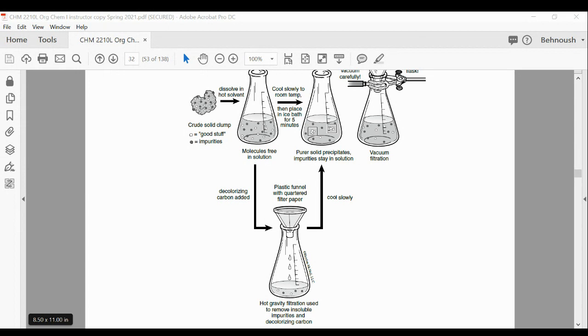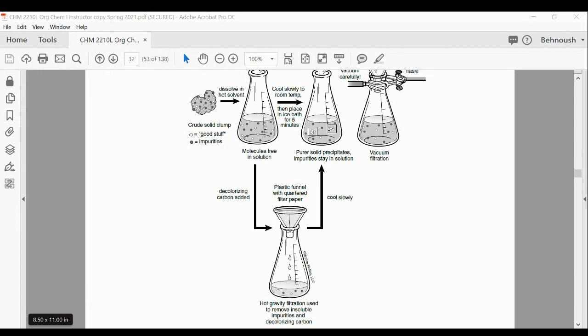My next question for you. It says here, cool down to room temperature before you place in ice. But can we... yes, we are removing the impurities.